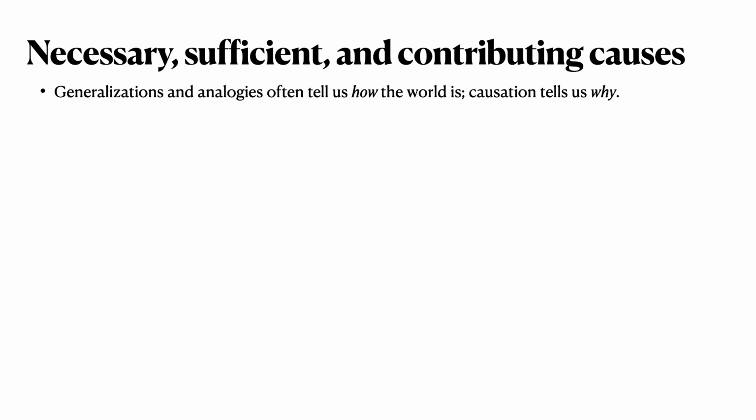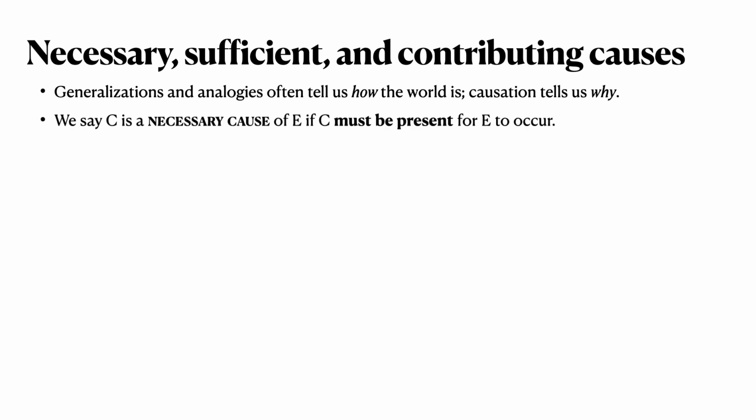So there are three kinds of cause in this modern sense that you should be aware of. One is necessary cause, one is sufficient cause, and one is contributing cause. We say that C is a necessary cause of E, that is, a cause is a necessary cause of an effect, if C must be present for E to occur.